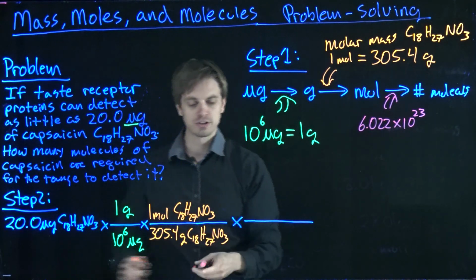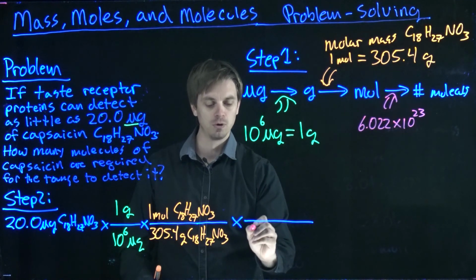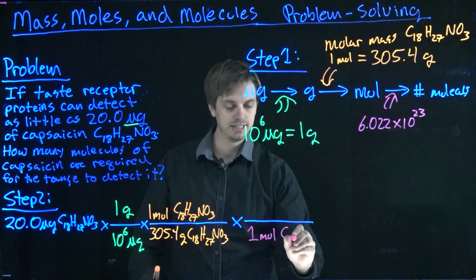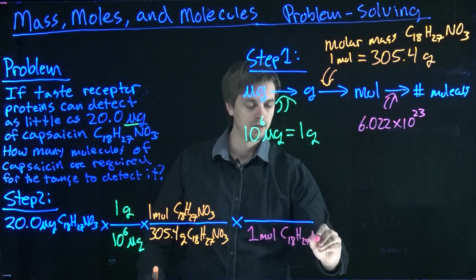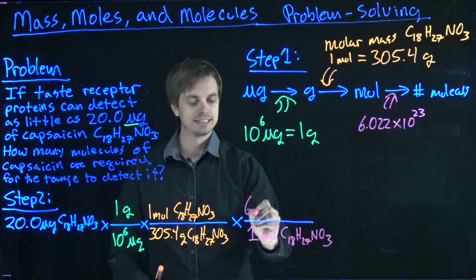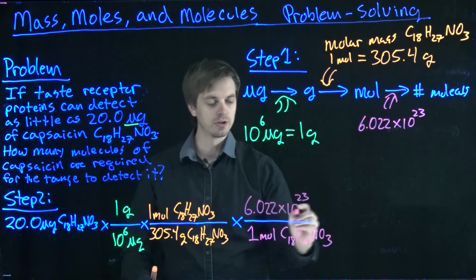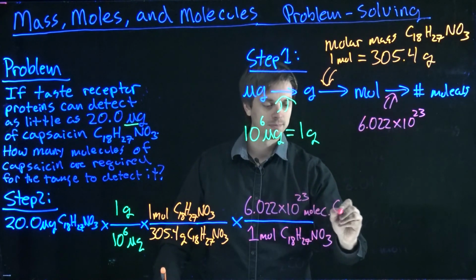We want to cancel out moles, so we put moles in the denominator: 1 mole of C18H27NO3 contains 6.022 times 10 to the 23rd molecules of capsaicin.